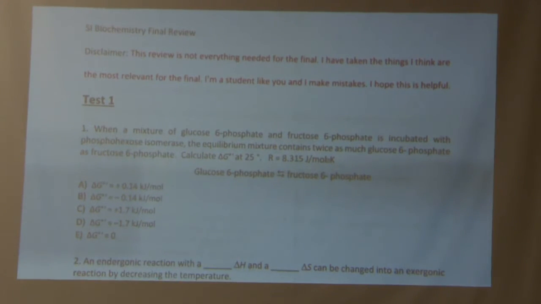So number 1. It says, when a mixture of glucose 6-phosphate and fructose 6-phosphate is incubated with phosphohexose isomerase, the equilibrium mixture contains twice as much glucose 6-phosphate as fructose 6-phosphate. Calculate the delta G standard at 25 degrees Celsius, given the constant.